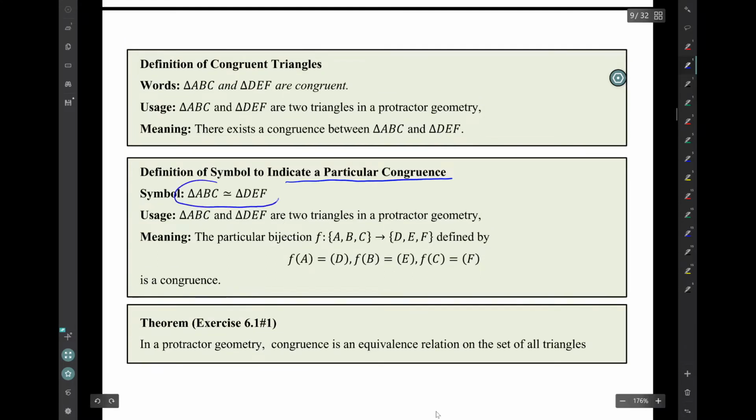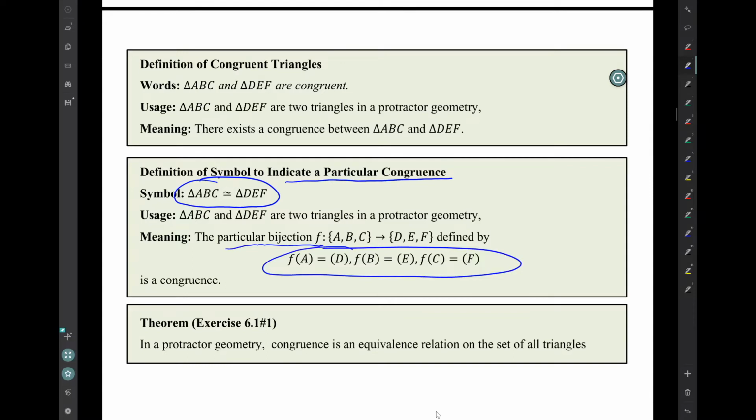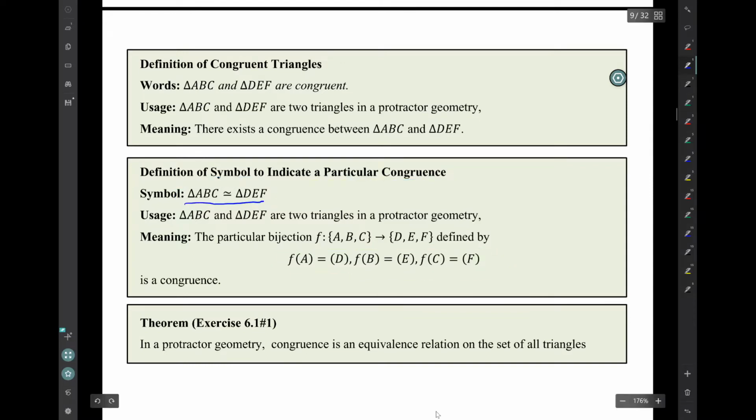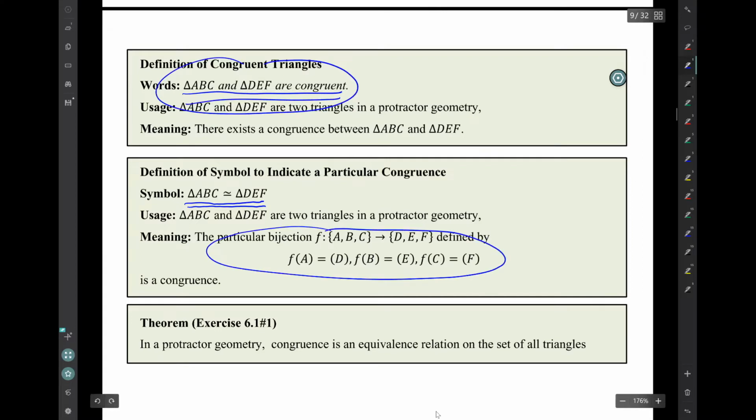This symbol, spoken triangle ABC is congruent to triangle DEF, should really be spoken more precisely. It means that triangle ABC is congruent to triangle DEF, but using this particular bijection of vertices: F of A equals D, F of B equals E, and F of C equals F. So this symbol is spoken the same way that these words are spoken, but it actually means more than these words. It means these words are true and this particular bijection is the one that works.